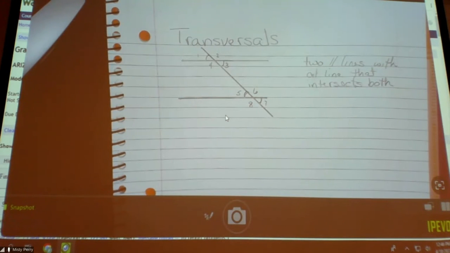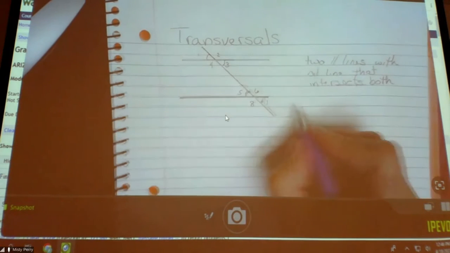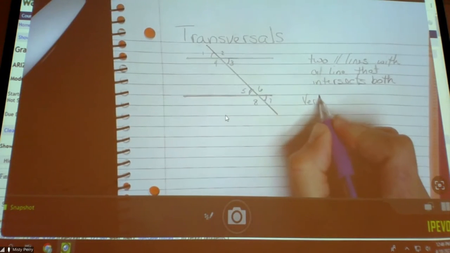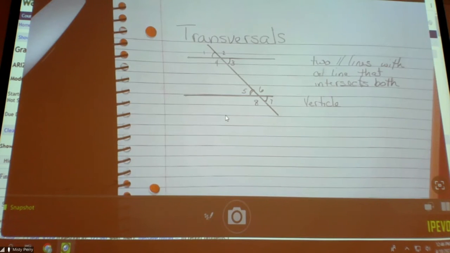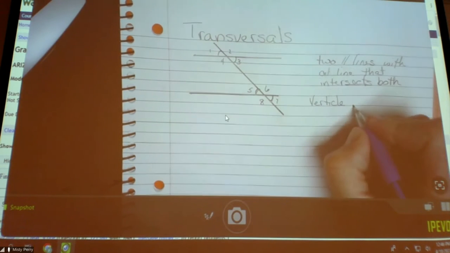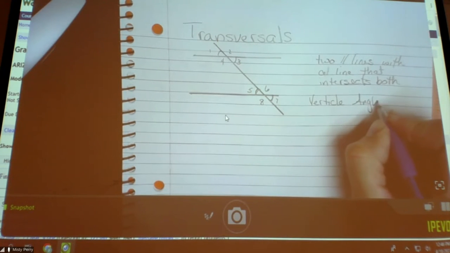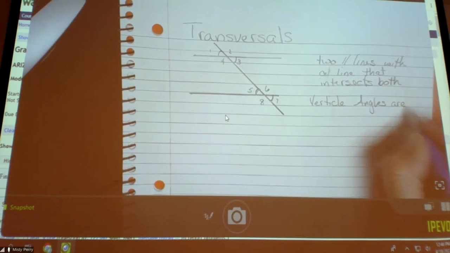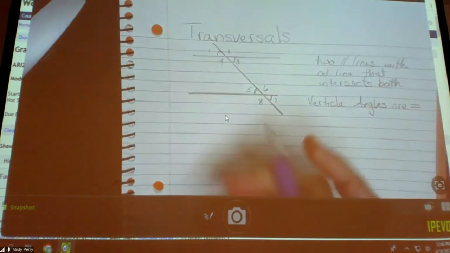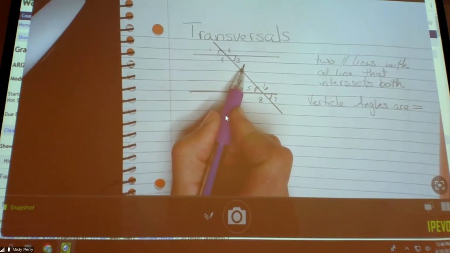If we think back in our brains to vertical angles, remember I can't spell vertical? Oh, I'm frozen. Hold on. There we go. Vertical angles are equal, right? Vertical angles are equal. 1 and 3 are vertical angles.